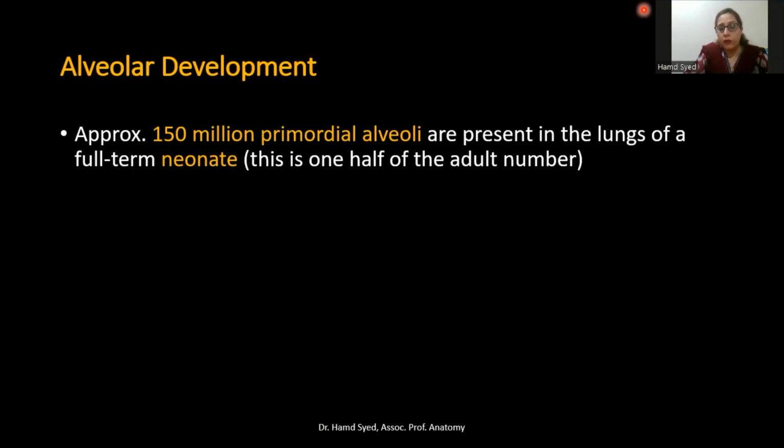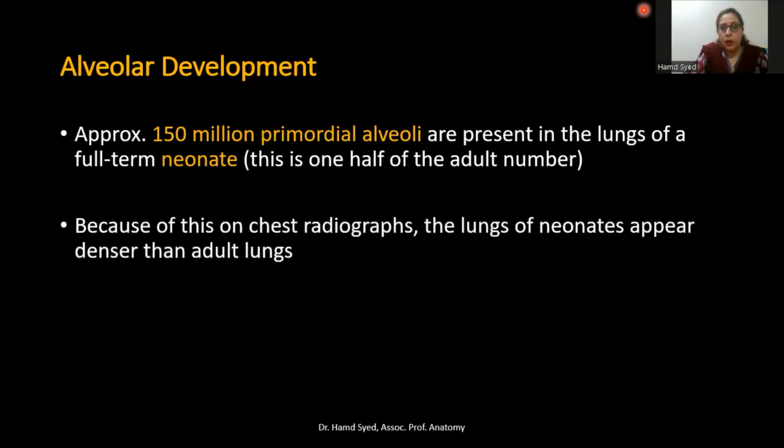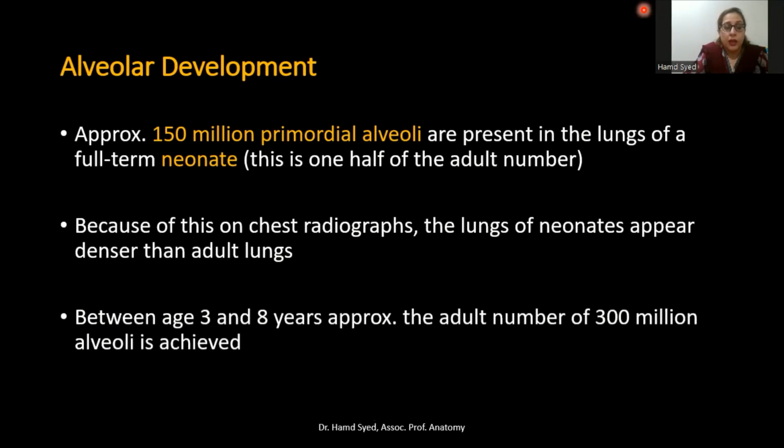Now, this is 1/2 of the adult number. Because of this, when we look at the chest radiograph of an infant, the lung of the neonate will appear denser than the adult lungs. Then in the childhood years, between age 3 and 8 years approximately, the adult number of 300 million alveoli will be achieved.